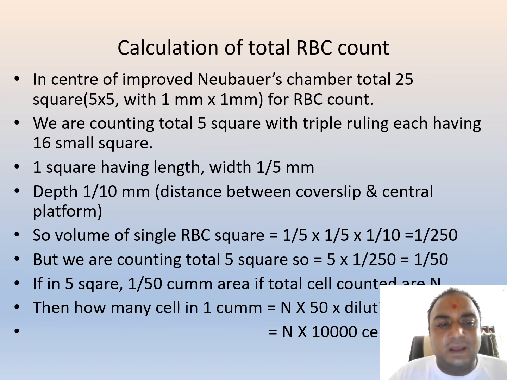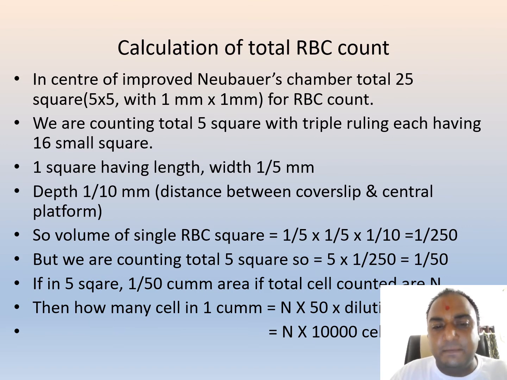If we want to calculate the volume of a single square, it is length multiplied by width multiplied by depth. The length will be 1 by 5 millimeter, because 5 squares measure 1 millimeter, so one is 1 by 5 millimeter, length as well as width.